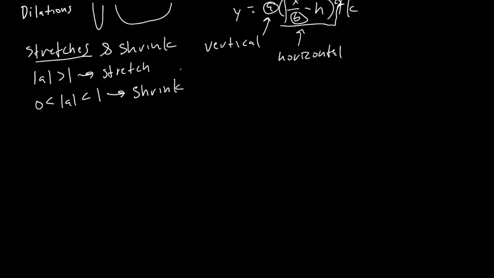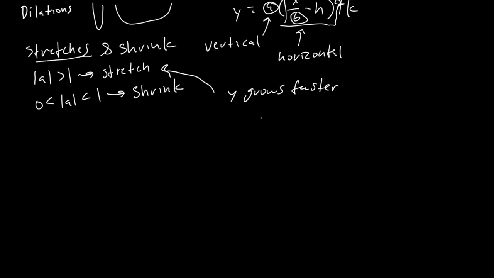And if you think about this, this makes sense because when you have an a here, you're actually multiplying this whole thing. When you have an a that's greater than 1, you're making it larger. So y grows faster.